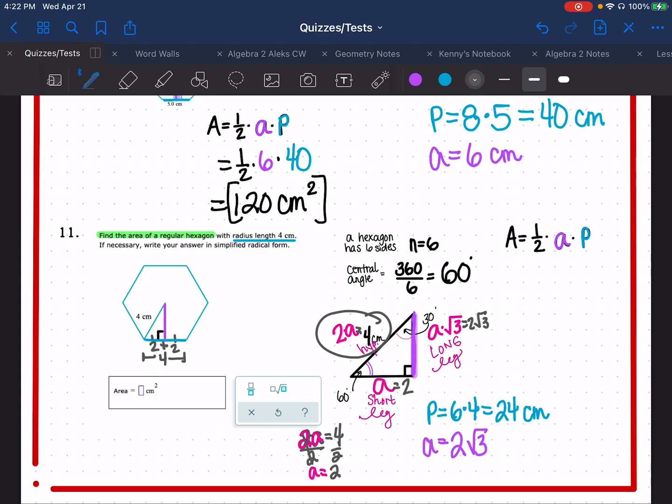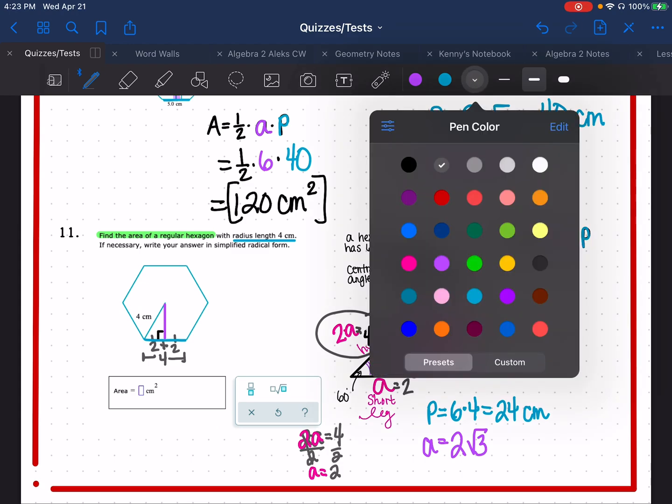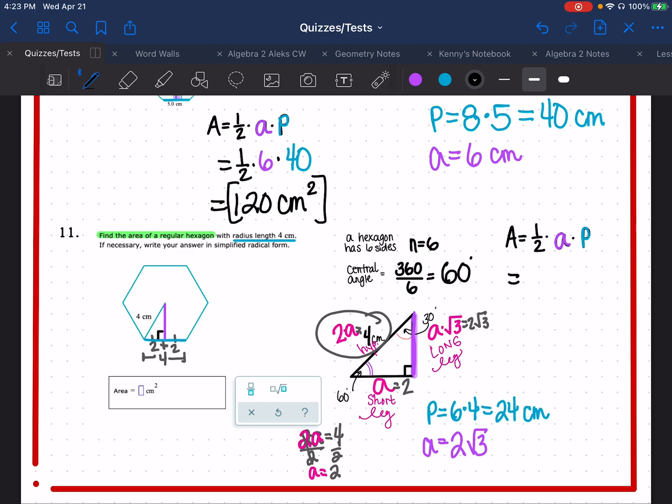All right, now I have everything I need to go ahead and find my area. I'm going to say it's 1/2 times my apothem, 2 square roots of 3, times my perimeter, which we said was 24. It asks me to give my answers in simplest radical form. That means everything but this is going into the calculator.